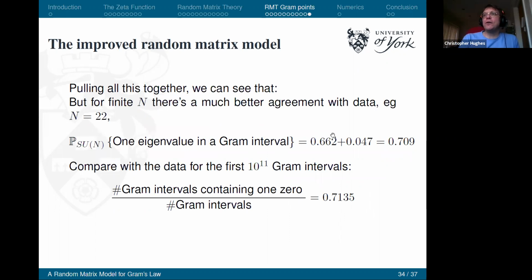So you've got your N equals infinity limit, but around the 100 billionth Gram interval, that equates to roughly N equals 22-ish size of matrix, and you get a correction term. Not far, but it makes a significant difference: 0.662 goes up to 0.709.